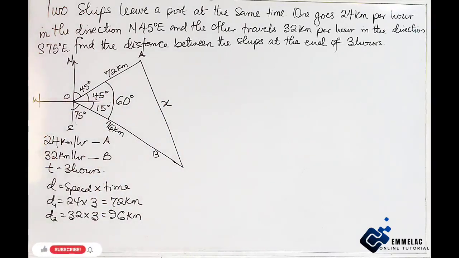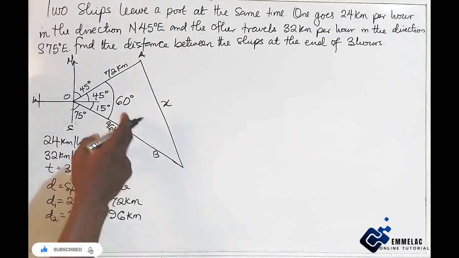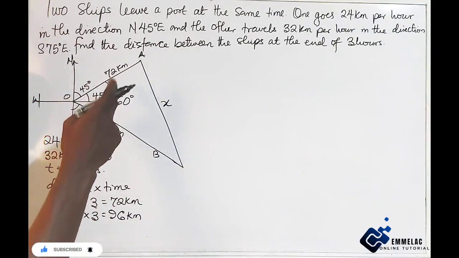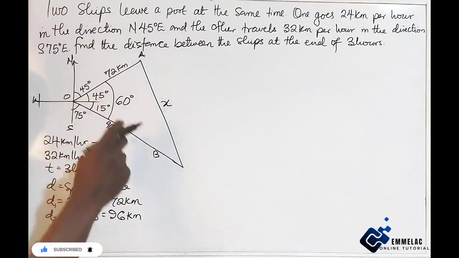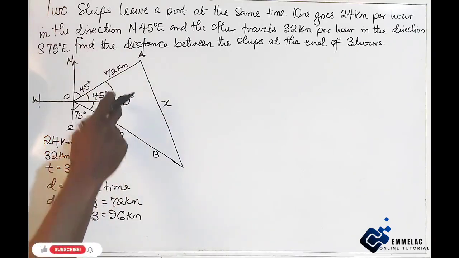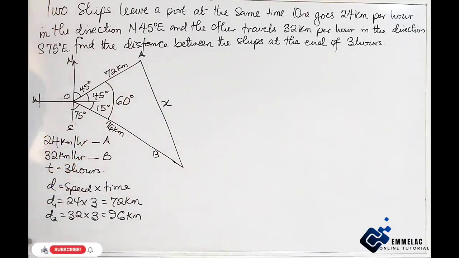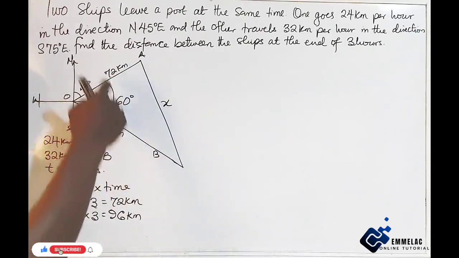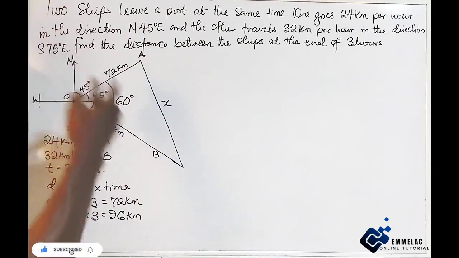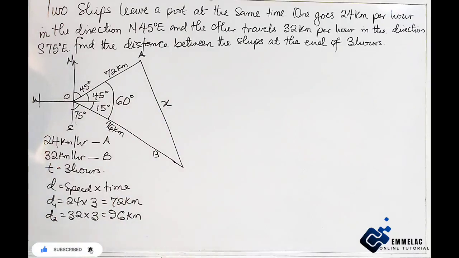With this, we can employ the cosine rule. The cosine rule tells us about two sides and an angle. If you have a triangle like this with two sides known and an angle known, you can make use of the cosine rule.